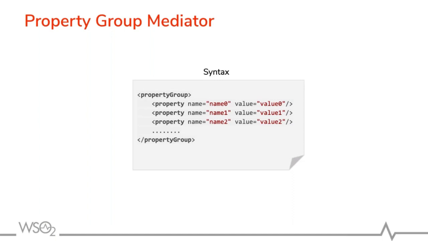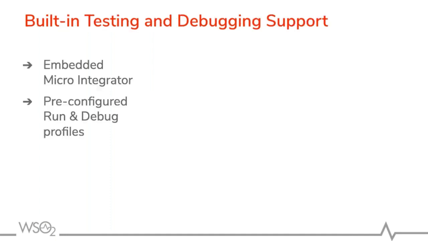If we switch to the source view, there's not much of a difference. This is purely done to enhance the developer experience for the users who are using the integration studio. In the source view, it's simply adding the property group tag, wrapping the properties we have added all throughout this time.